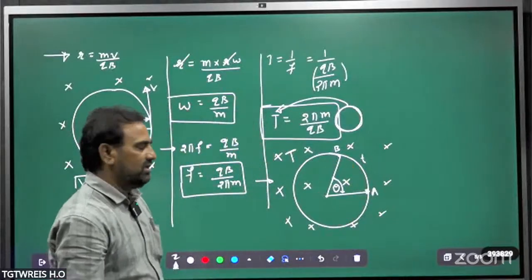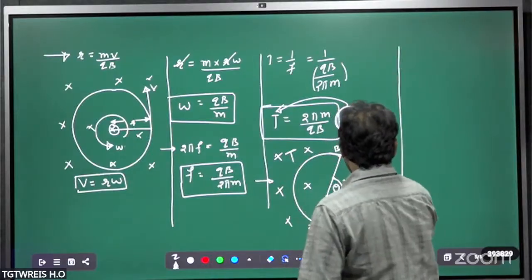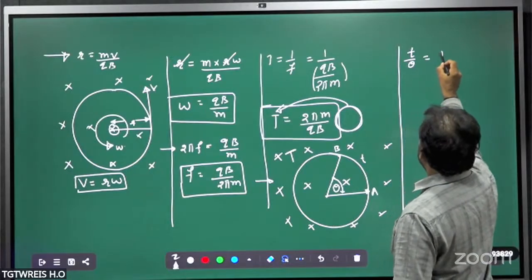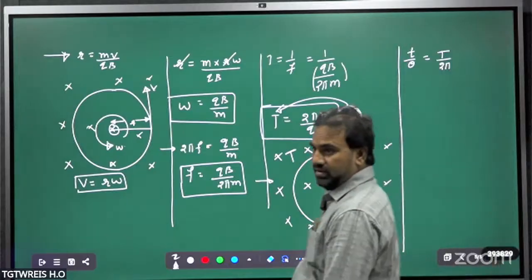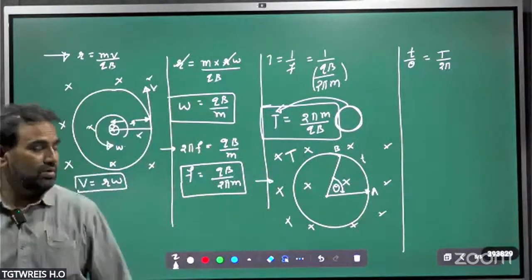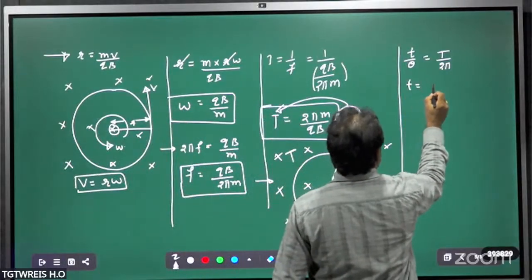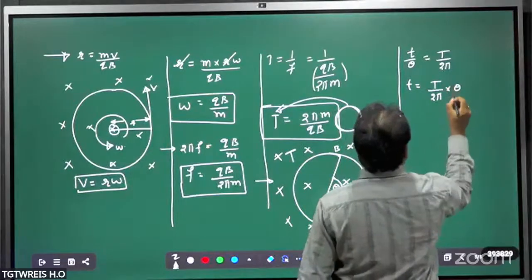How much time does it take? Look here. So t by theta is equal to T upon 2 pi. What is the value of t? t is equal to T upon 2 pi into theta.